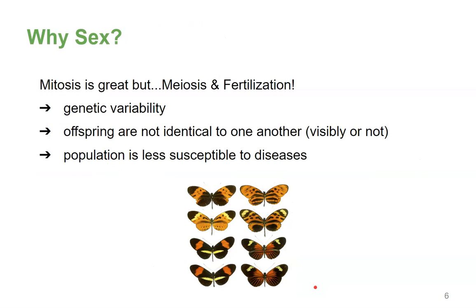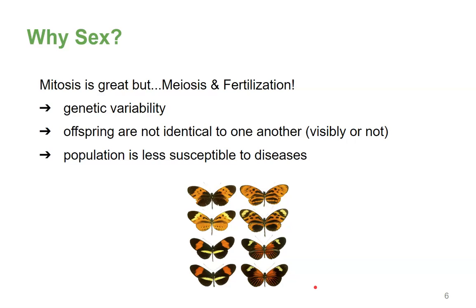All right, so why is sexual reproduction so important? So mitosis is great. It creates an identical cell, which is good. We make a new cell from mitosis, but meiosis and fertilization is where it's at. So you get genetic variability from meiosis.